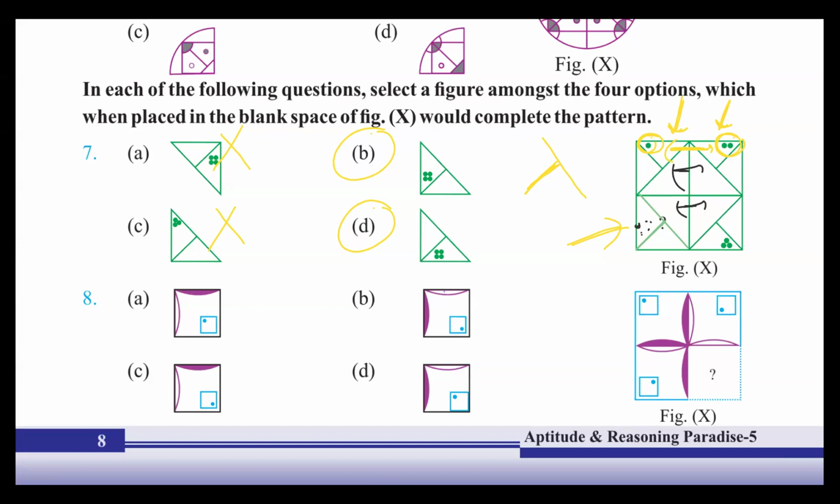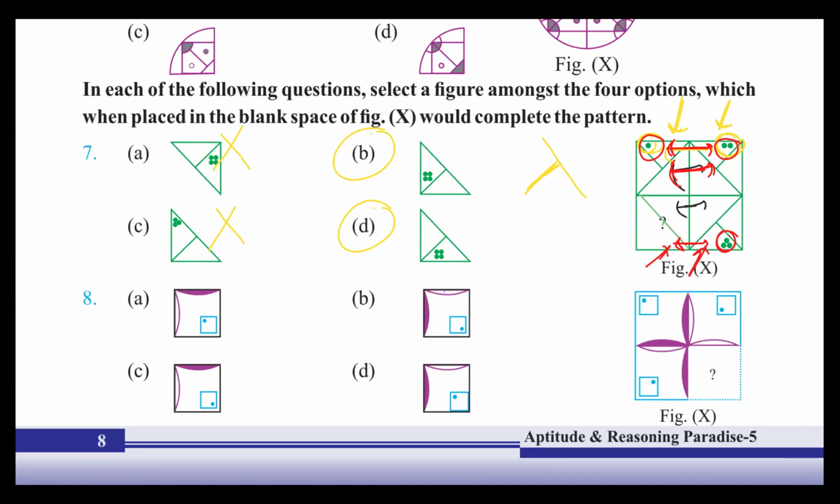If we draw the four dots over here, there'll be no symmetry. That means in the first two boxes, the dots are both on the inner side of the squares. That means for the lower two boxes also, these dots should be both on the inner side of the squares.